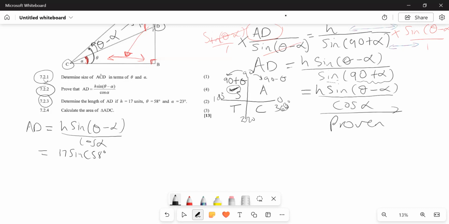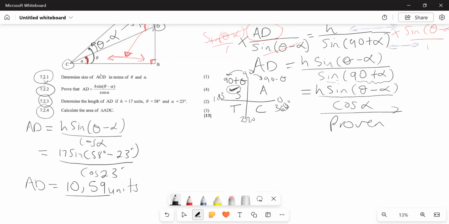They give us 58 for theta, minus 23 for alpha, and cos 23 again. And when we punch our calculator, we get 10,59 units. So AD is equal to 10,59 units, right?